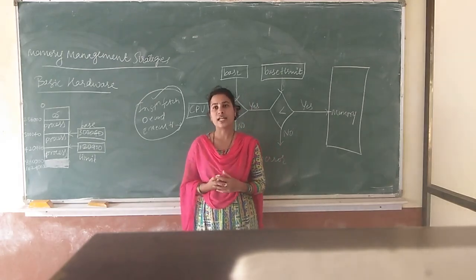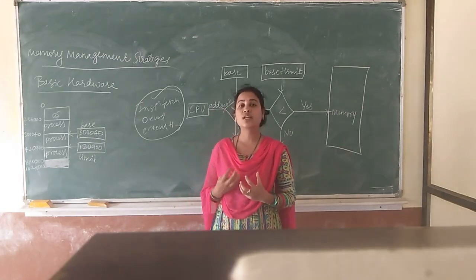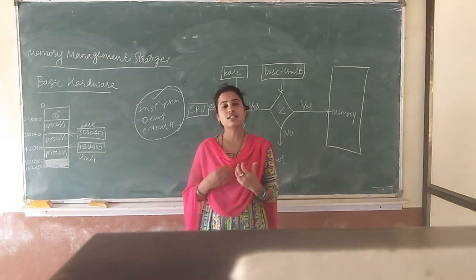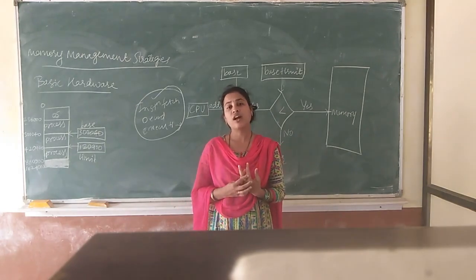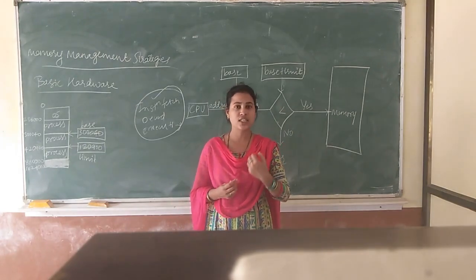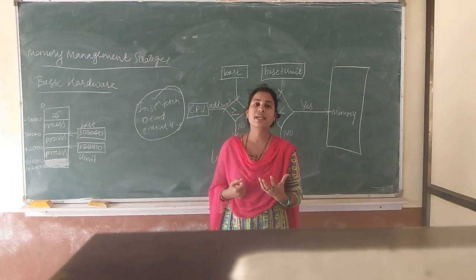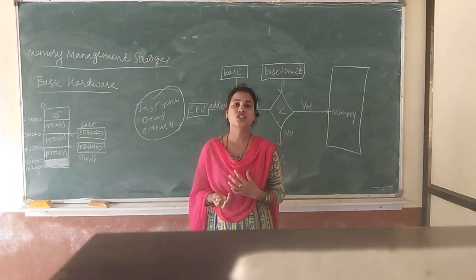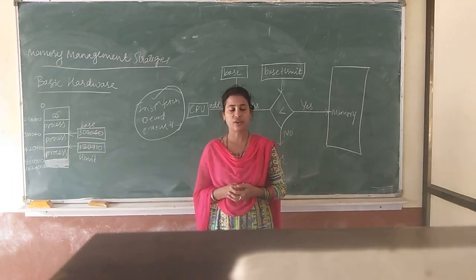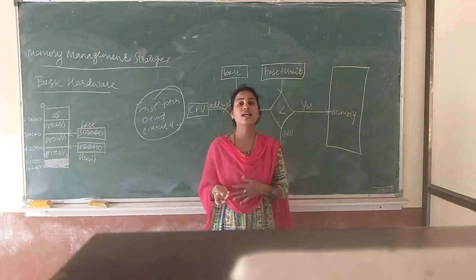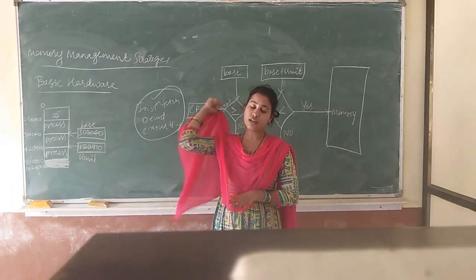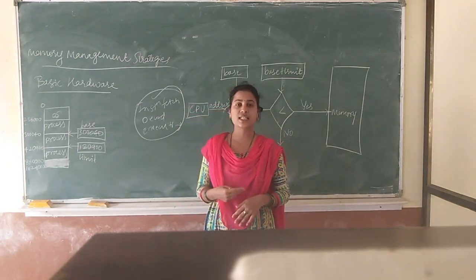Whenever you are executing instructions or processes, we are always dependent on the efficiency of the system. Efficiency here means speed, that is, how fast the execution of the process is done.